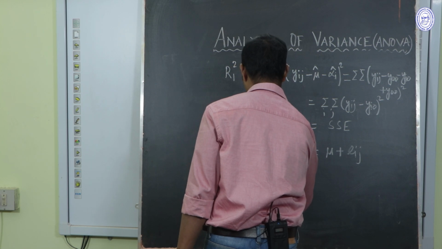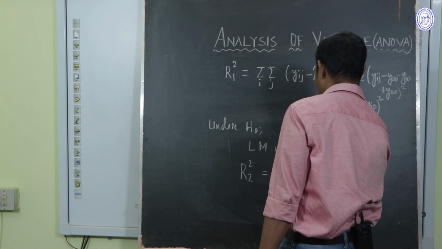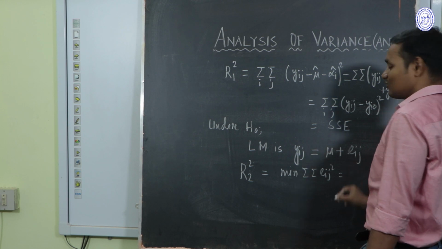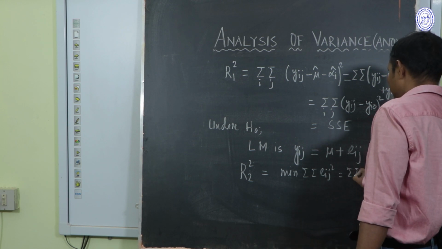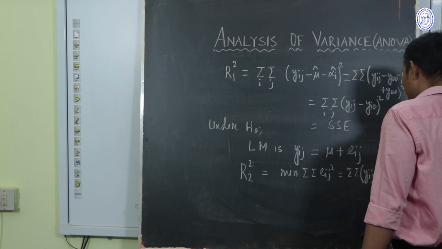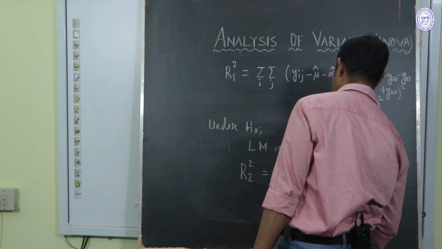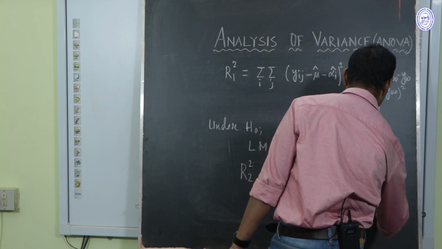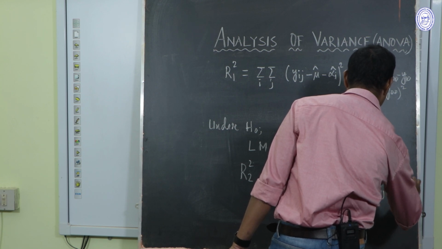R2 square equal to minimizing double sum e_ij square, equal to double sum y_ij minus mu cap square, equal to double sum y_ij minus y_00 square.